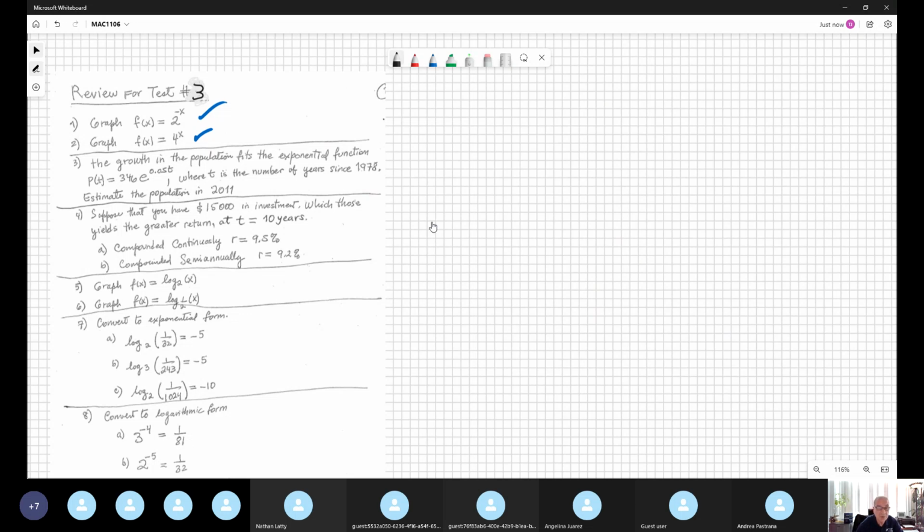Number 3 is given the function: population at any time equals 346 e to the 0.05t. Remember, e is the famous base of the natural logarithm, an irrational number, and the exponent is 0.05t. t represents the time, where t is the number of years since 1978.